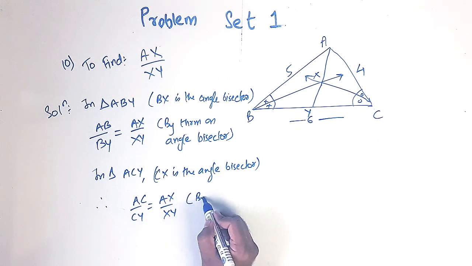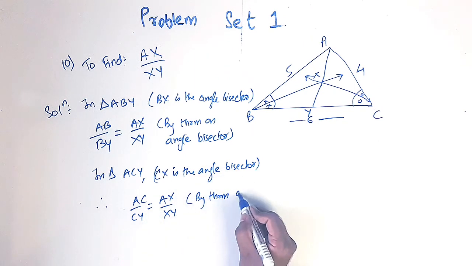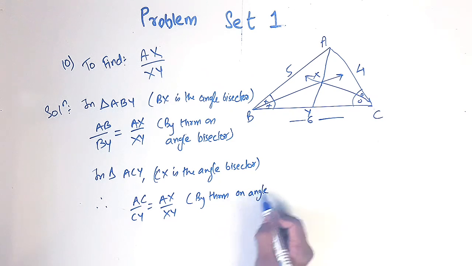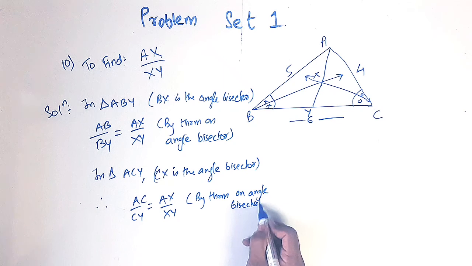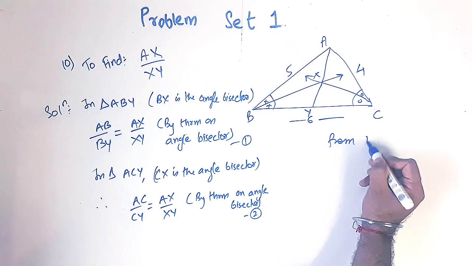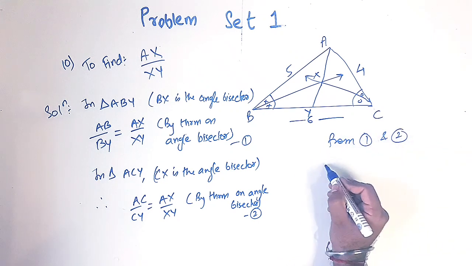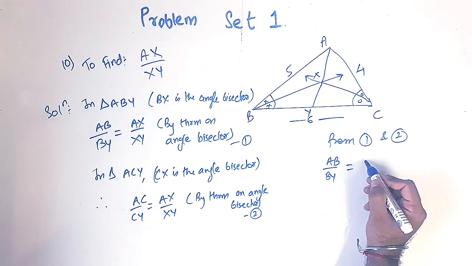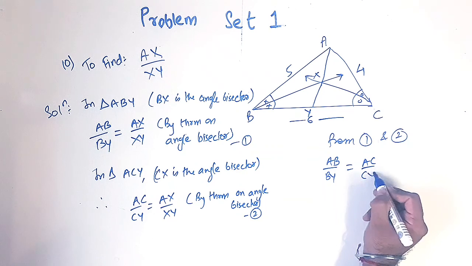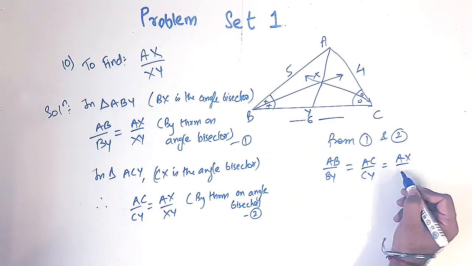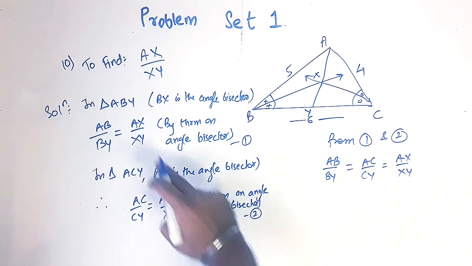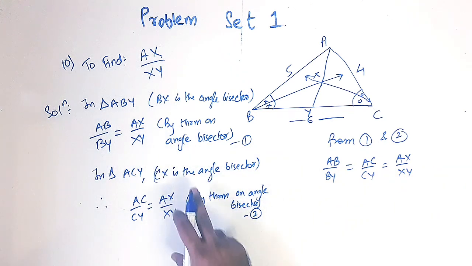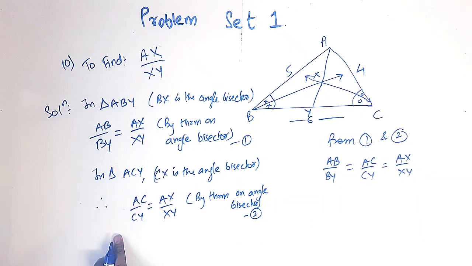This is by the theorem on angle bisector. Now from points 1 and 2 you will have AB upon BY equals AC upon CY equals AX upon XY. As AX upon XY is there on the RHS of both, all these three will be equal.